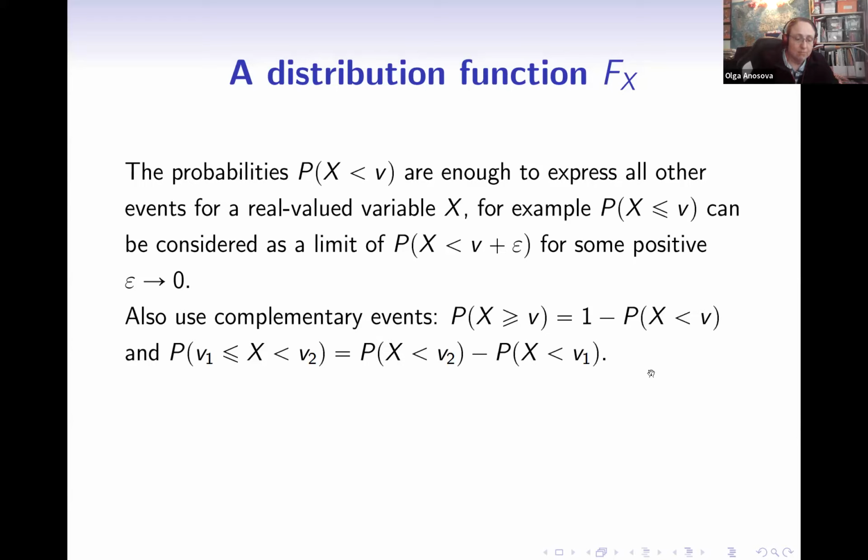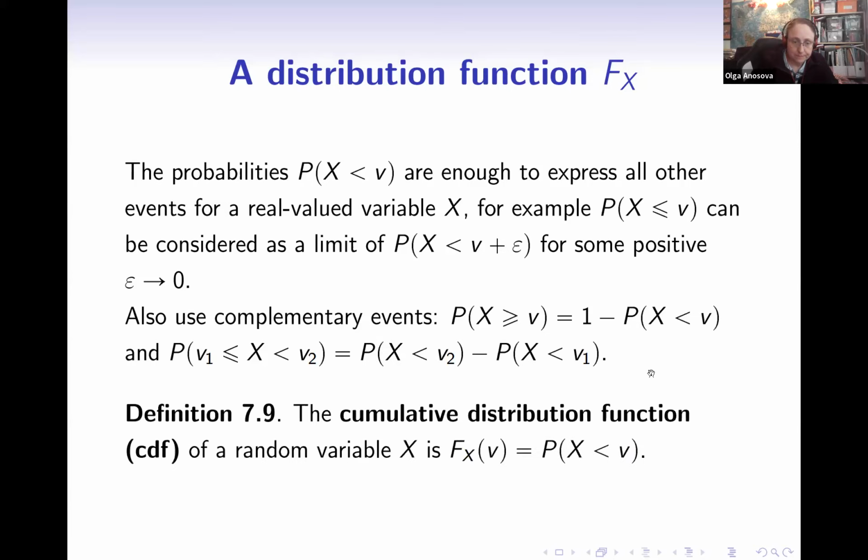And that's a very simple thing, but it was quite a discovery that allowed the existence of contemporary mathematical statistics and probability theory, because that's where the cumulative distribution function appears. So the cumulative distribution function of a random variable defines just that. That's the function that is equal to the probability of this variable being smaller than some value.